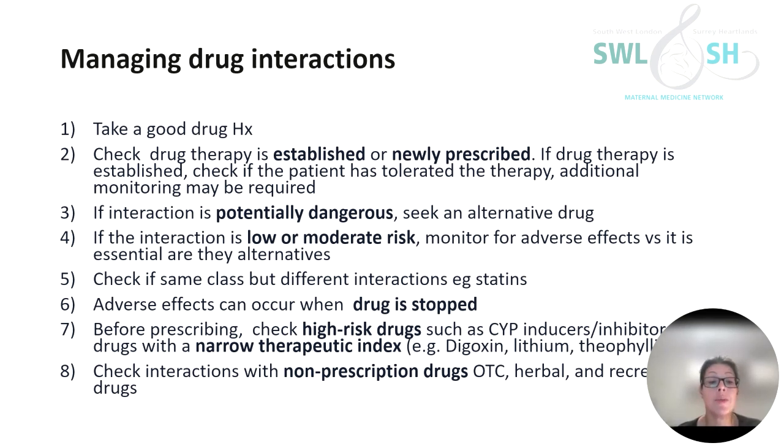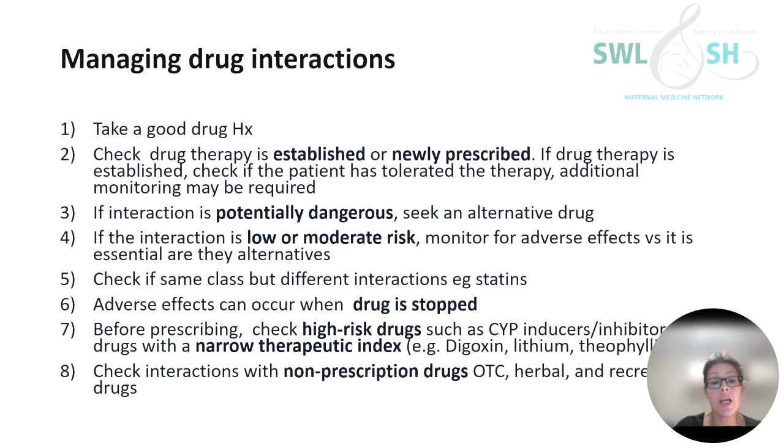If there is potential for a dangerous or toxic interaction, you may be thinking about an alternative drug. If there is a low to moderate risk, you may want to be monitoring it, or indeed thinking about alternative drugs. Have resources where we can check our interactions, stopping the medication if there is an adverse event, and seeking help.